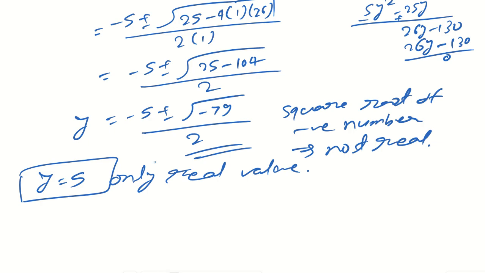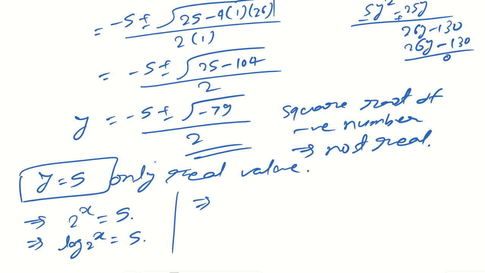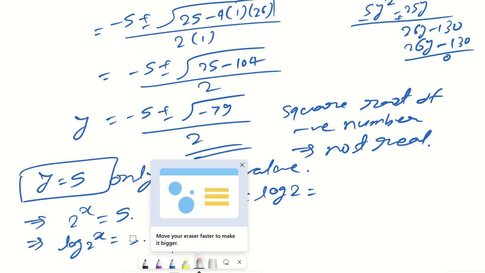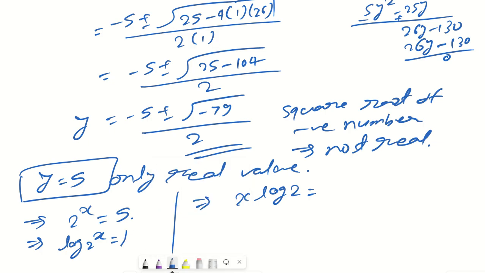Now since we have found out y equal to 5, then I can write it down 2 to the power x equal to 5 because y was 2 to the power x. Now it's very easy to apply log both side. So log of 2 to the power x equal to log 5. From here we are going to get x log 2 equal to log 5.